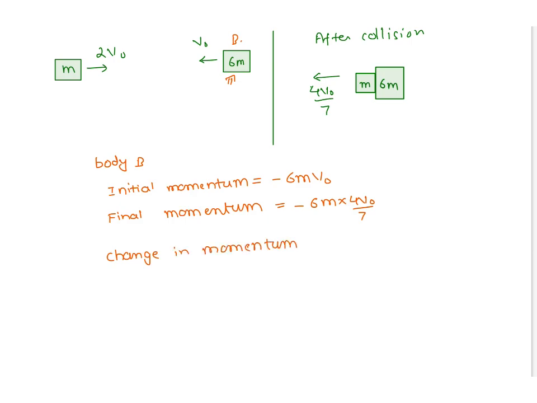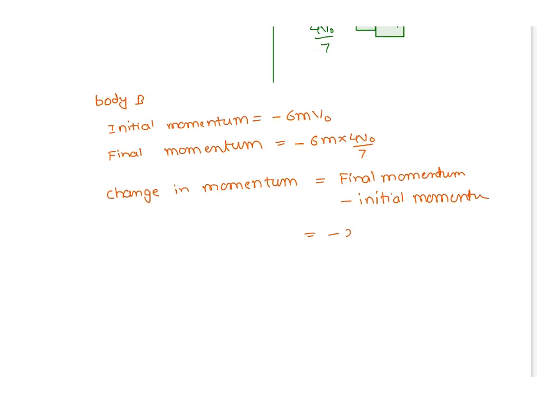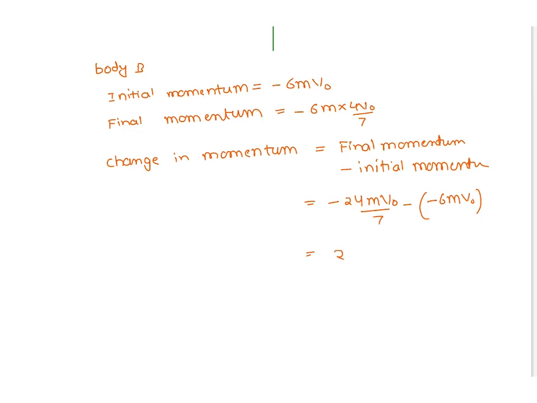So what will be the change in momentum? Change in momentum will be equal to final momentum minus initial momentum. Final momentum is minus 24 m v naught by 7. Minus initial momentum is minus of minus 6 m v naught. Minus of minus will become positive, so plus 6 m v naught.